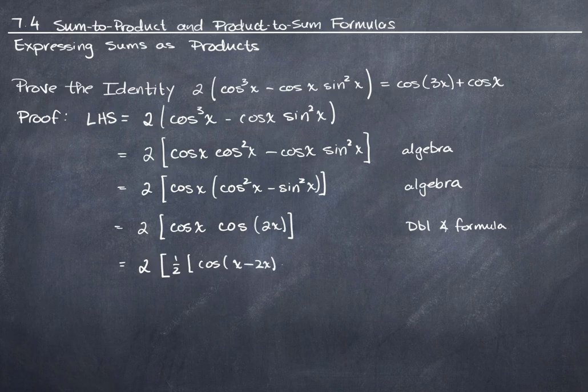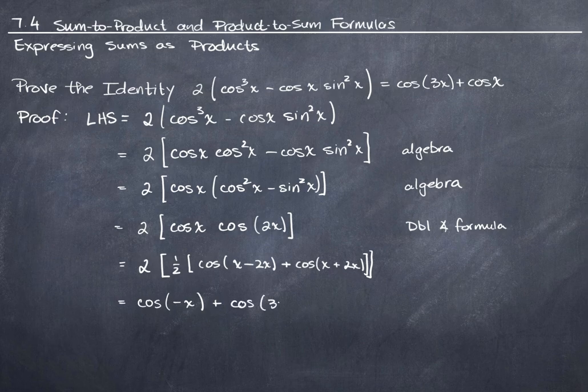And then I have to add cosine of alpha plus beta, the first angle plus the second angle. That's x plus 2x. This is a product, so these two things here cancel each other. And I get the cosine of x minus 2x, which is negative x, plus the cosine of x plus 2x, which is 3x.